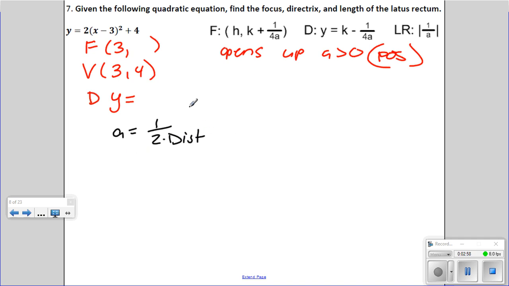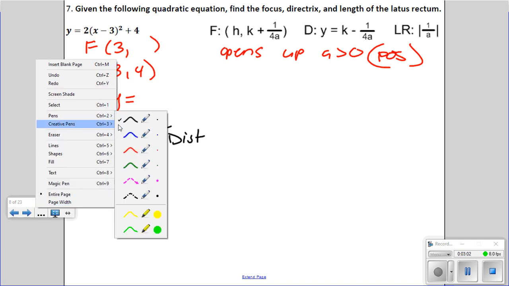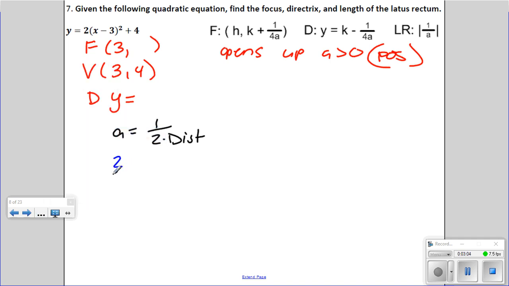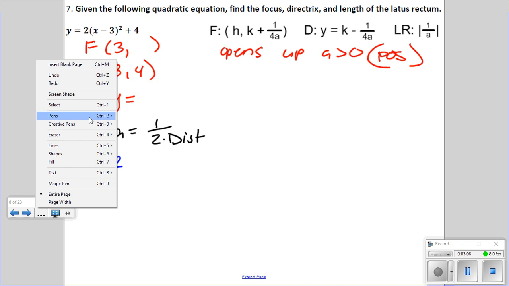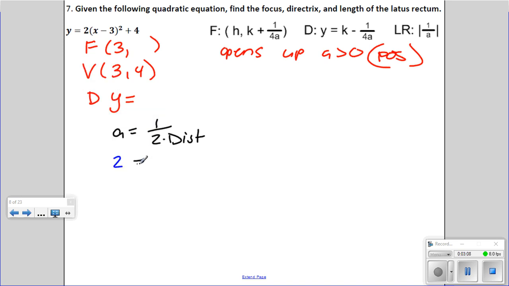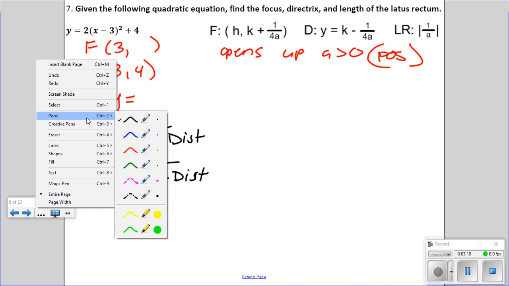Well, A in this problem is 2. To solve this, we have to work backwards and figure out what the total distance is. I suggest put 2 over 1 and then cross multiply.